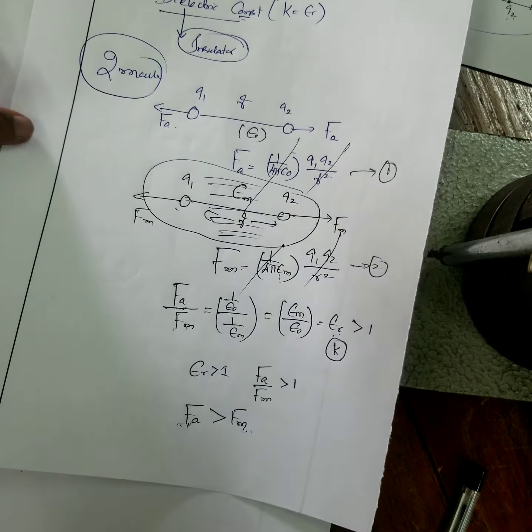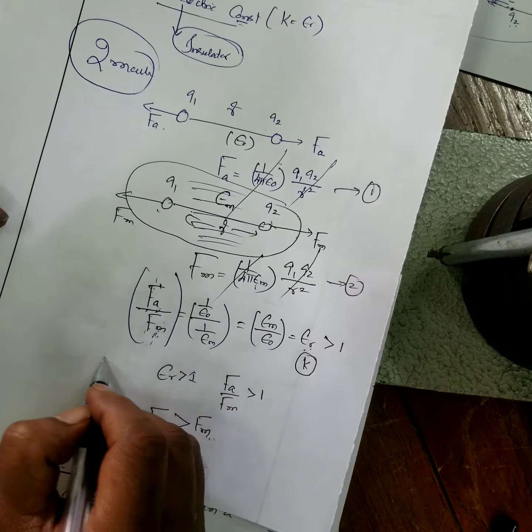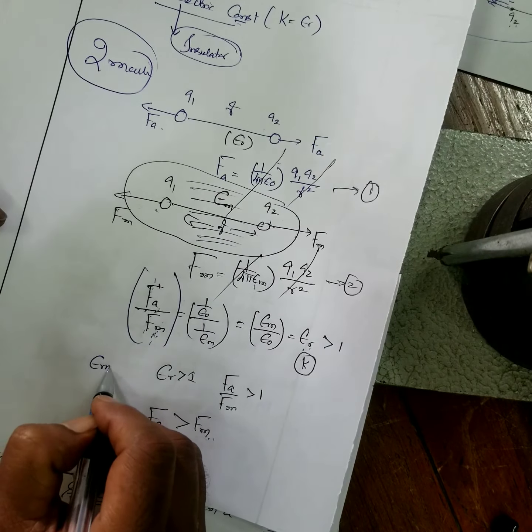This is the ratio of the electrostatic force between 2 point charges separated by some distance in air or free space, divided by the electrostatic force between the same 2 point charges separated by the same distance in the medium. See, this is the expanded version. Therefore, epsilon medium is equal to epsilon naught epsilon r.